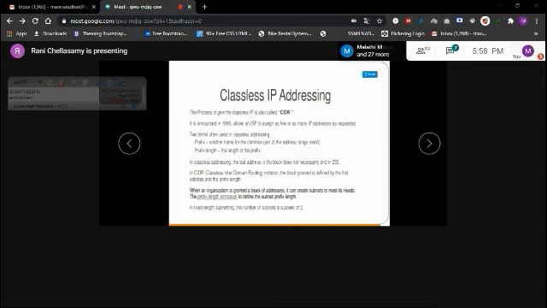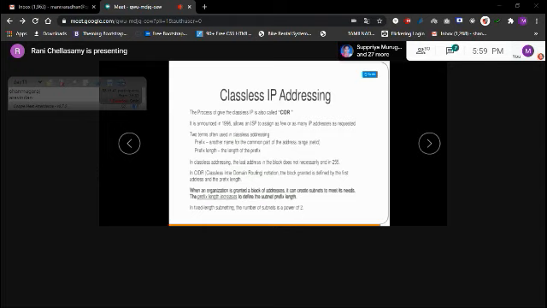The standard classful address structure is expanded by borrowing bits from the host portion to allow for a larger number of networks. So subnetting is the concept where we borrow additional bits from the host portion in order to get more networks.